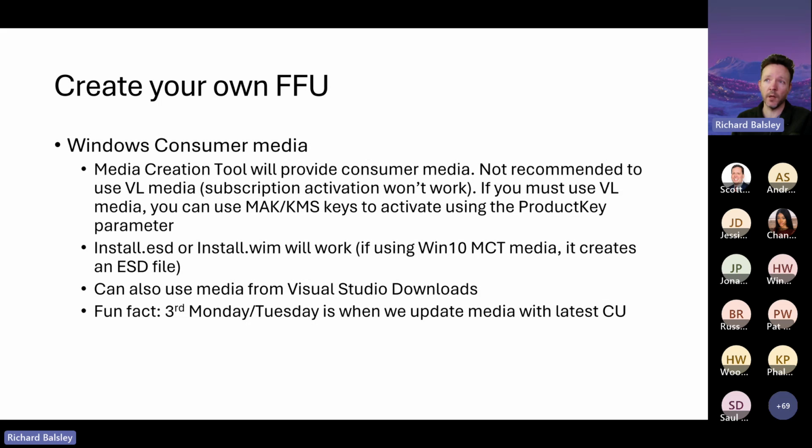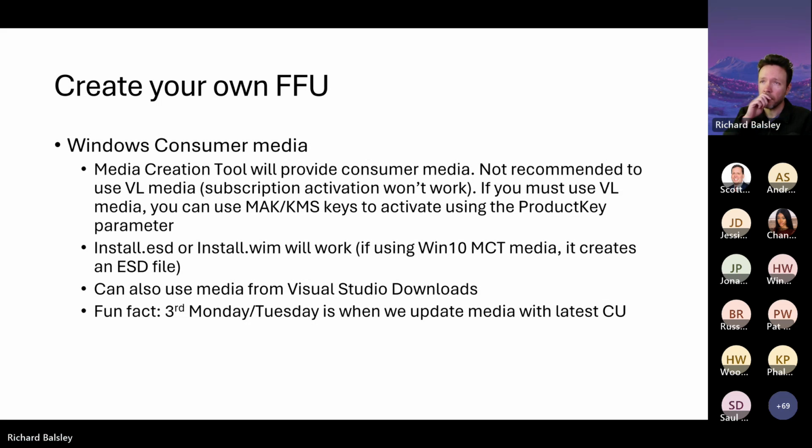To get that media, you can download it from the media creation tool. That tool will provide you with a consumer ISO. Alternatively, you can also download consumer media from the Visual Studio Downloads portal, if you have access to it.